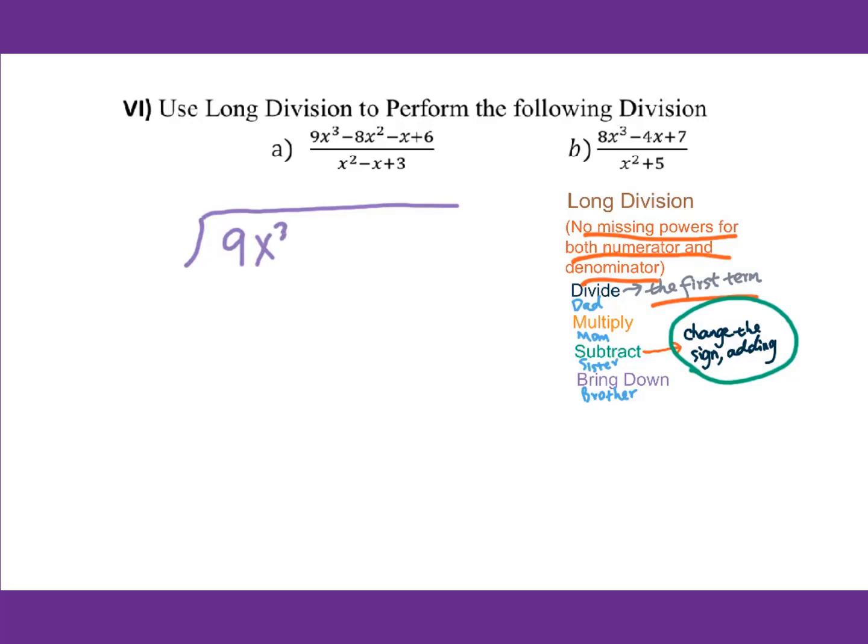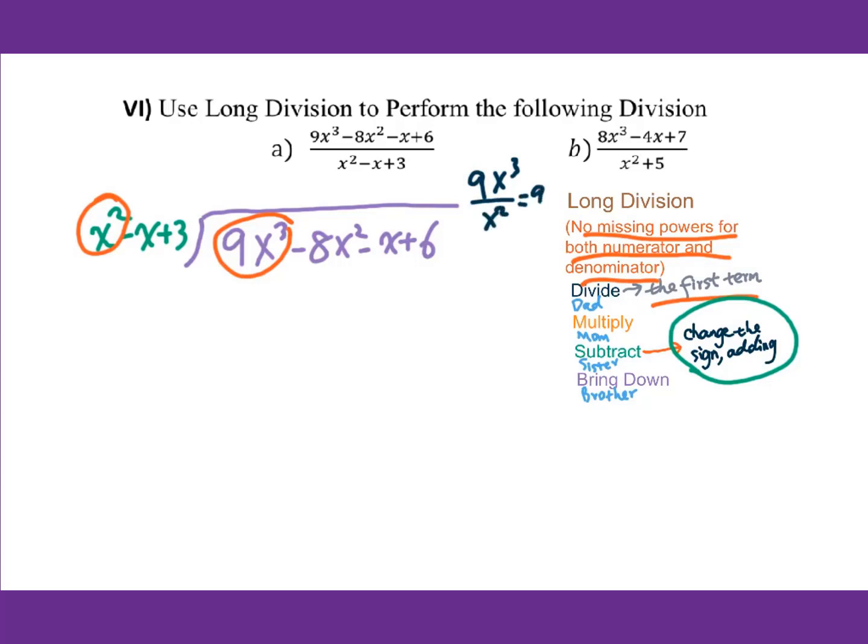9x third power minus 8x squared minus x plus 6 divided by x squared minus x plus 3. Divide means the first term divide. So we write down over here 9x third power divided by x squared equals 9x.